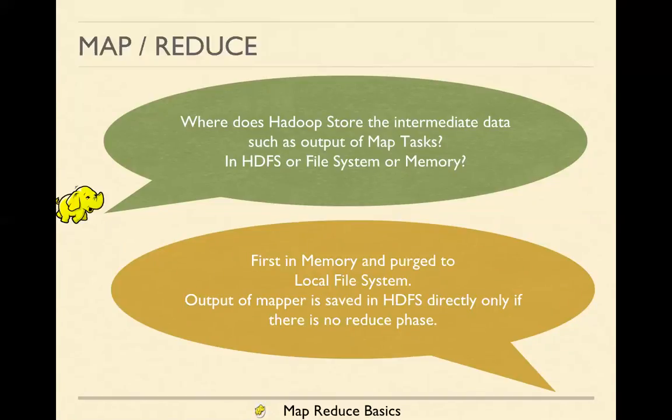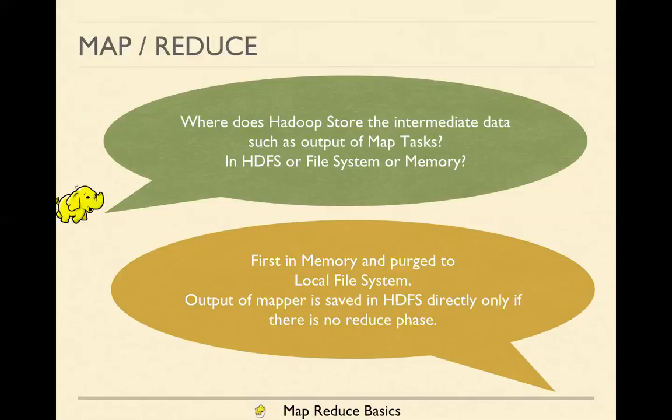So on one end, the data from maps is going in. On the other end, it's being flushed out to the disk. And why is it so? So that both works could happen in parallel. Mappers are executing in parallel, and the data is getting written to the disk in parallel.